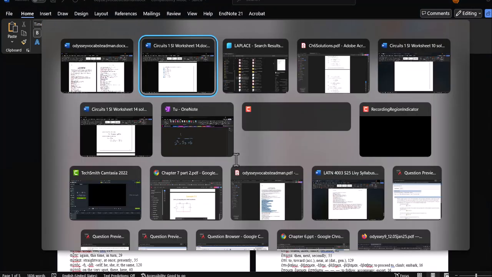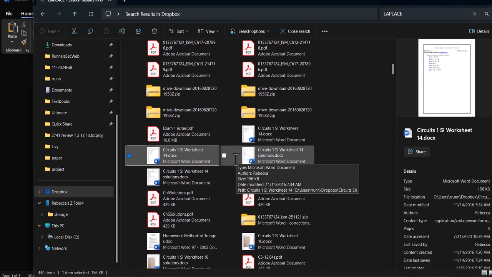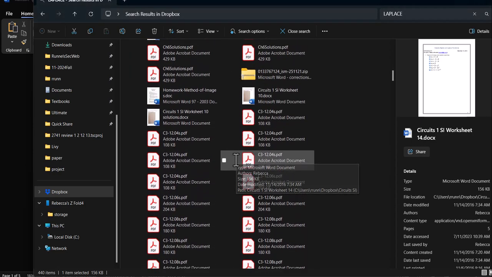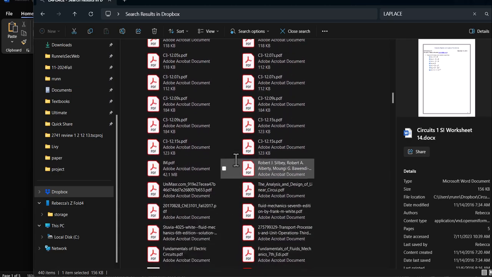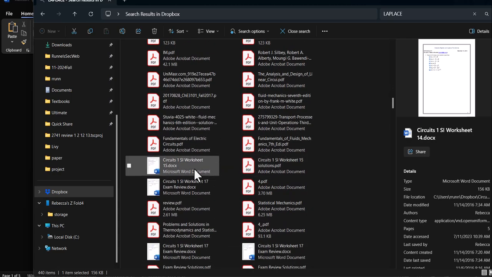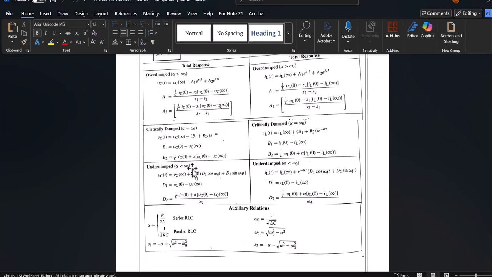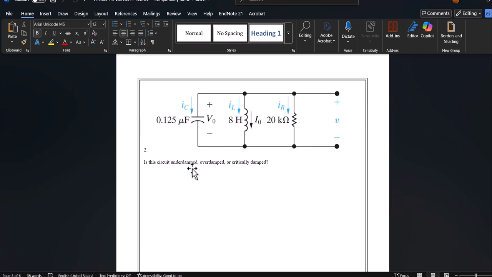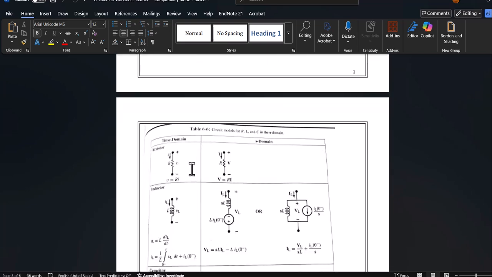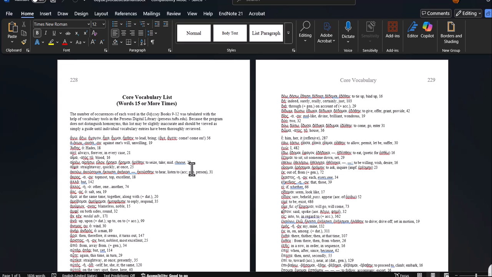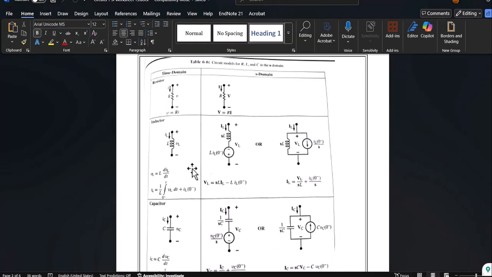I know I have one that just works out really nicely if I can find it. Worksheet 15, worksheet 17. That thing that pops up first always just like, oh my gosh.